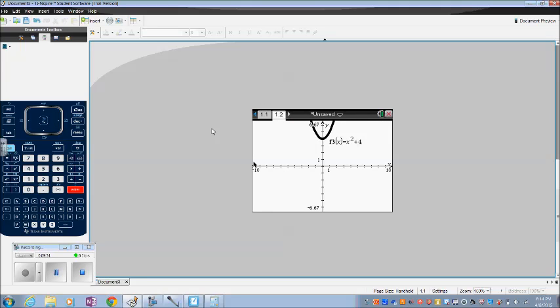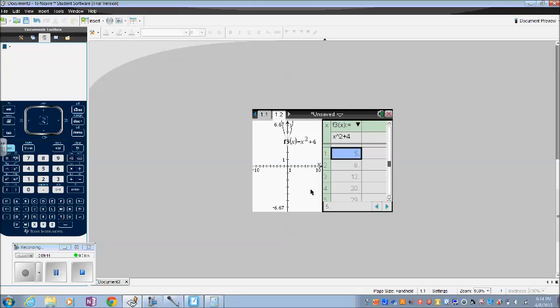So let's go to our calculator. Now pull up your t-chart. Okay, we're going to scroll up so that we can get our negative numbers.